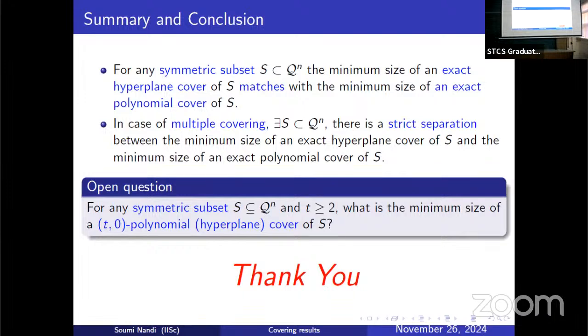So for a restricted set of size just 1, we have the result by Sauermann-Wigderson for covering with multiplicity, and for covering with hyperplanes we have results by Clifton and Huang. But when this restricted set has larger cardinality, then the result is still open.